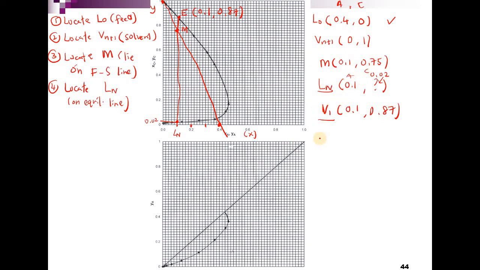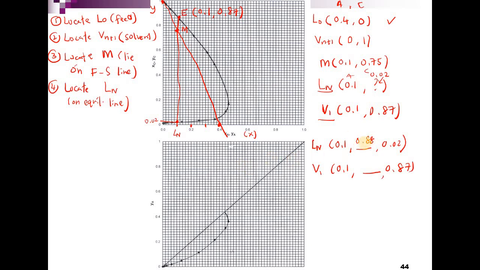Now the full answer will be, for Ln or the raffinate, 0.1 A, 0.02 C. And V1 is 0.1 A, you don't know B, and 0.87 C. You can find the component B by subtracting from 1: 1 minus 0.1 minus 0.02, you will get 0.88 here.